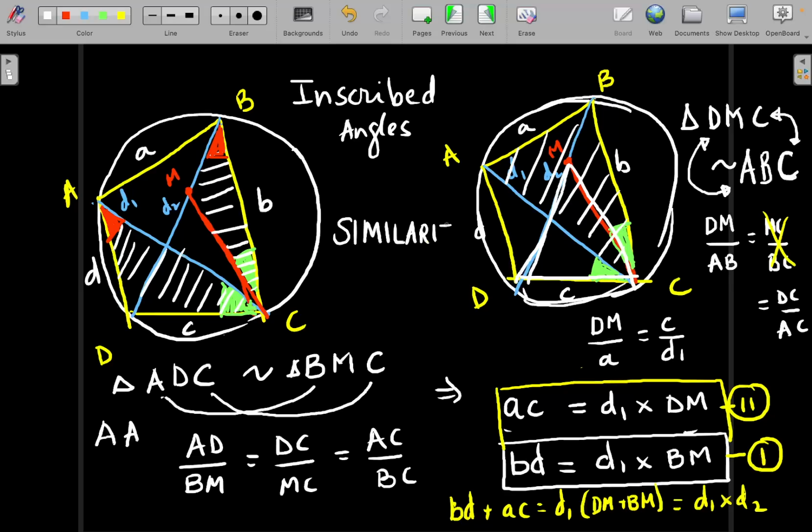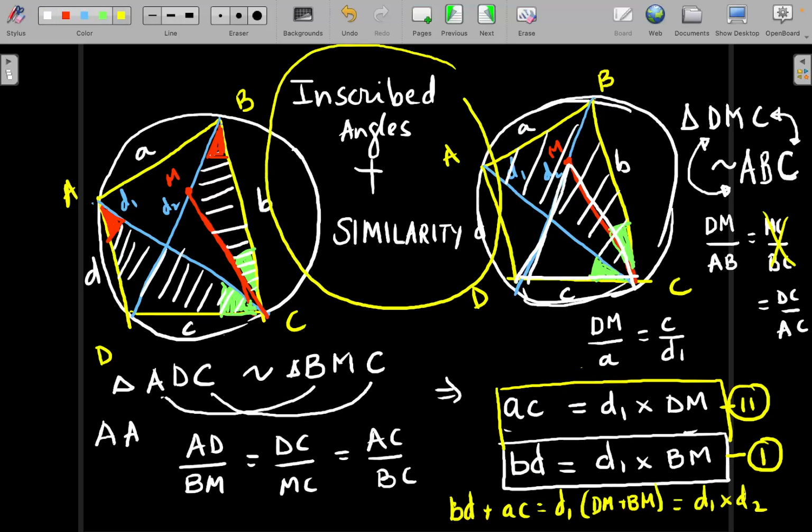So similarity plus inscribed triangles have once again come up with the magical result, and that is really what I want you to remember. As you do more and more problems in inscribed angles and similarity, you will be able to tackle fairly interesting problems with these two ideas.